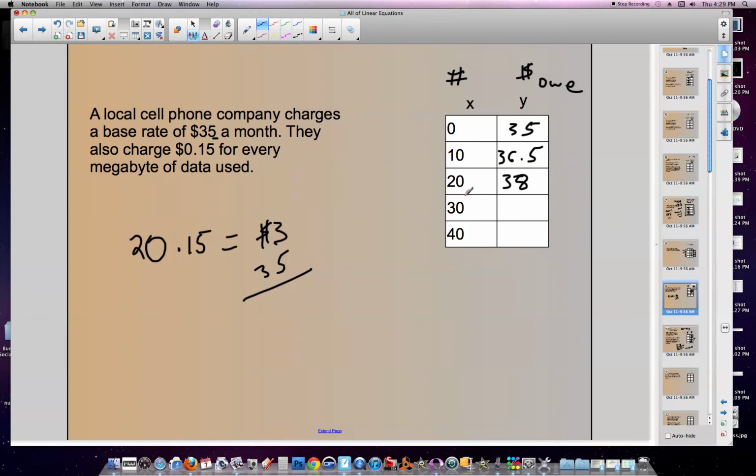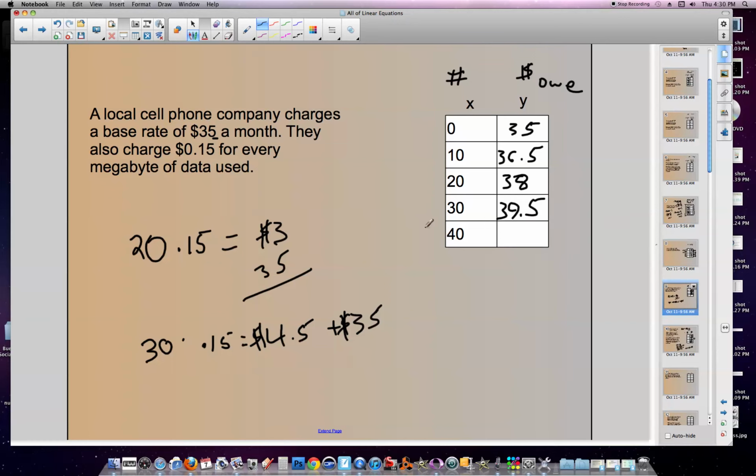Well, what if we use 30 megabytes? That's going to come out to be 30 times 0.15, which equals $4.50, plus the $35. What does that come out to be? That comes out to be $39 and 50 cents.